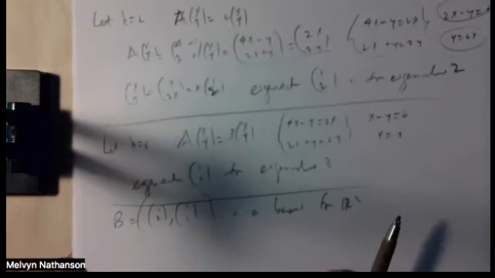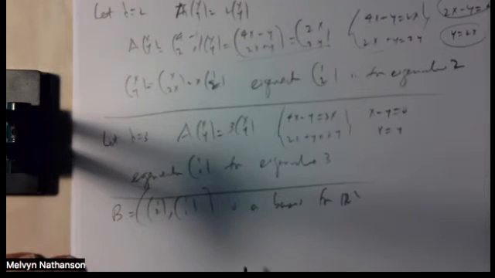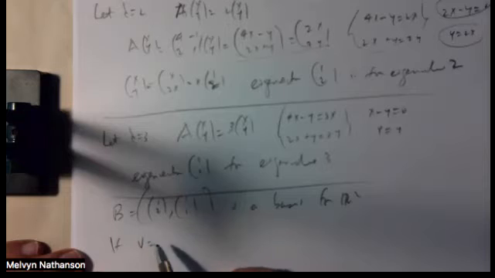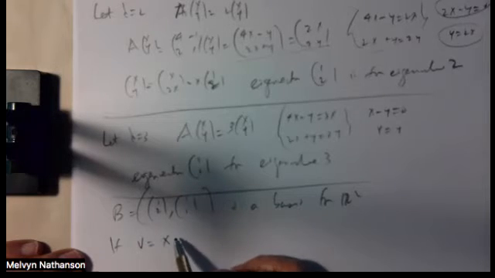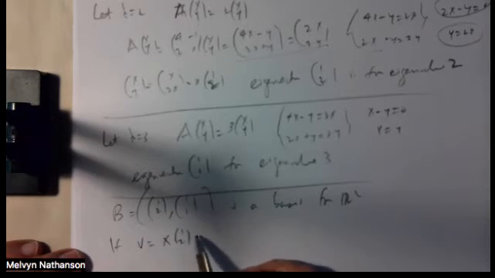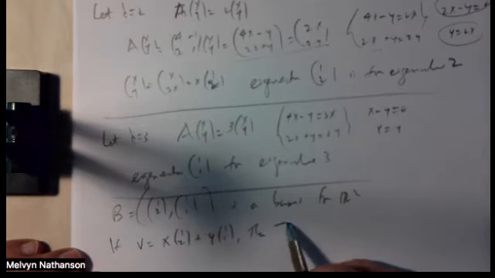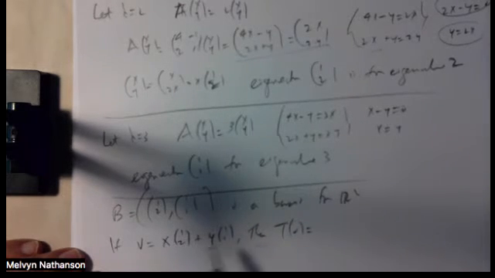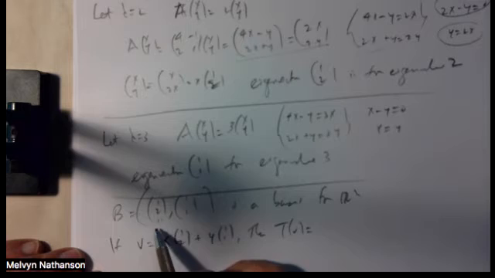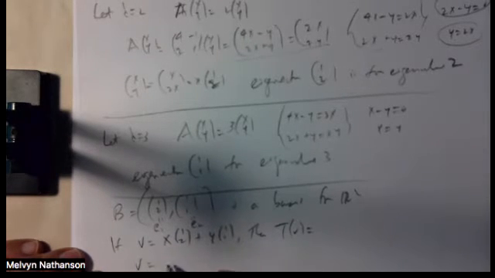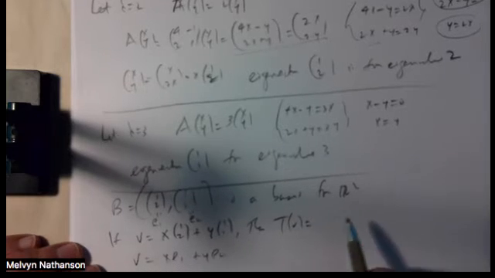These vectors are linearly independent. And if we take a vector v and write it as some scalar multiple of (1, 2) and (1, 1), let's call this vector e1 and this vector e2. So I'm writing v as x times e1 plus y times e2.